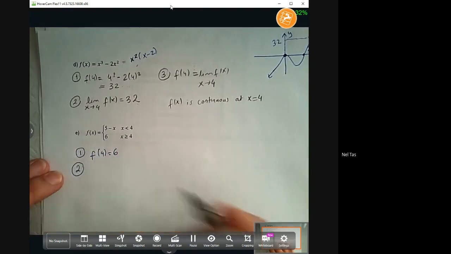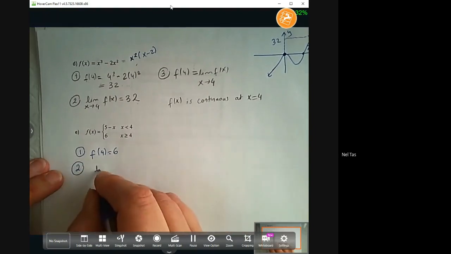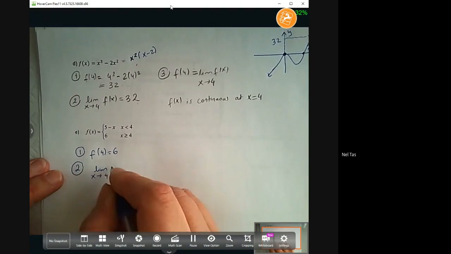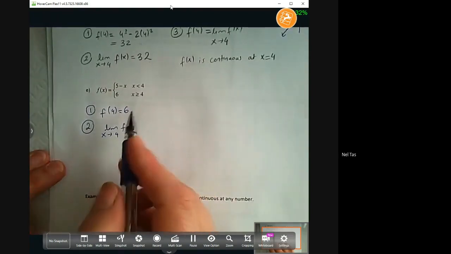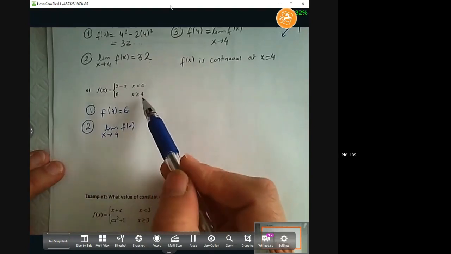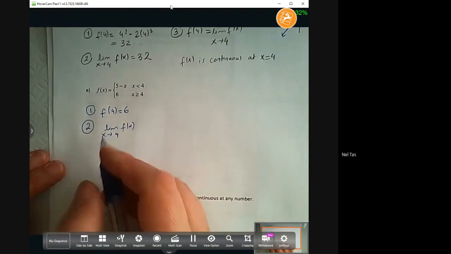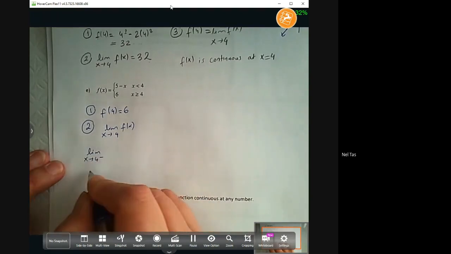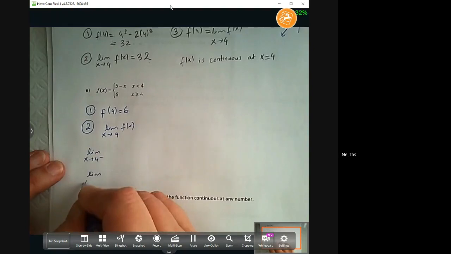Condition 2, we're going to check the limit as x approaches 4. This is a piecewise function, and as you see, the break point is 4. Therefore, you have to check the left side limit and right side limit.